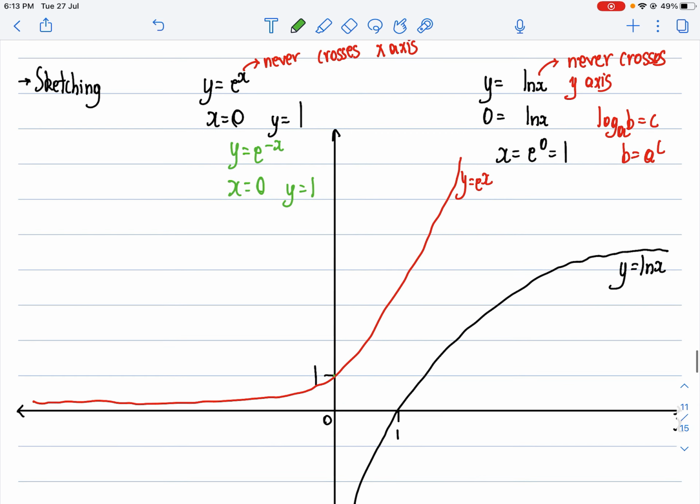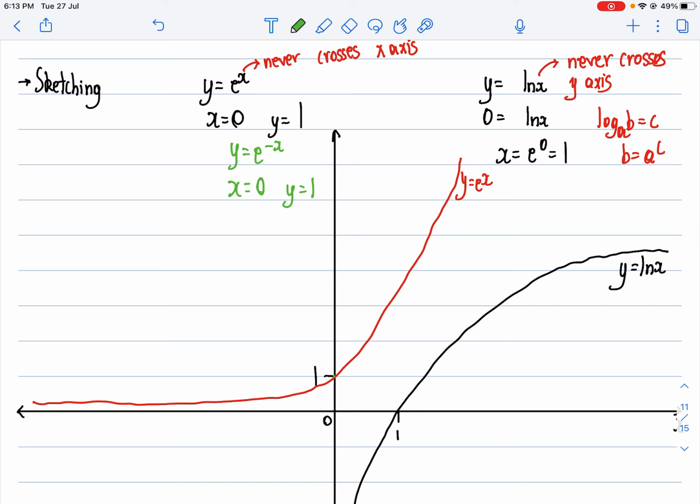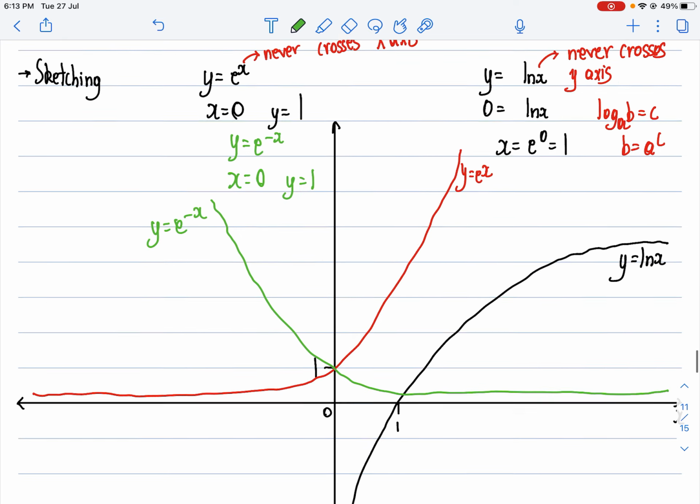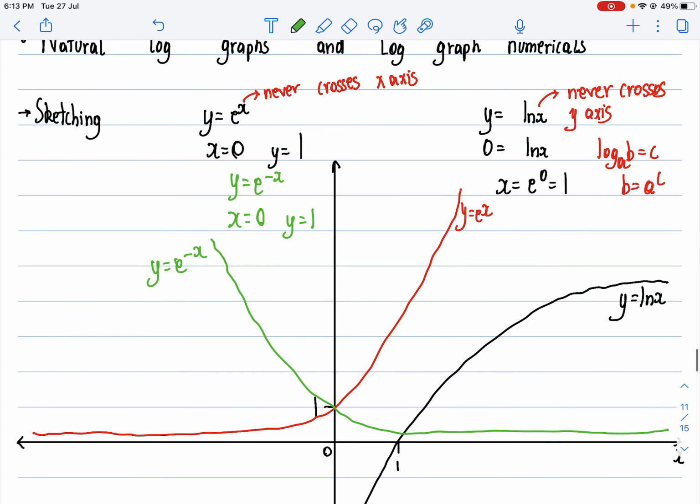But now because it's minus x, it starts from the opposite direction. So the sketch will look something like this, where you get y equals e raised to minus x. These are the basic sketches which you need to know.